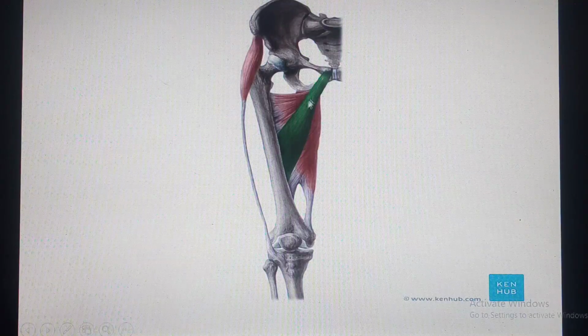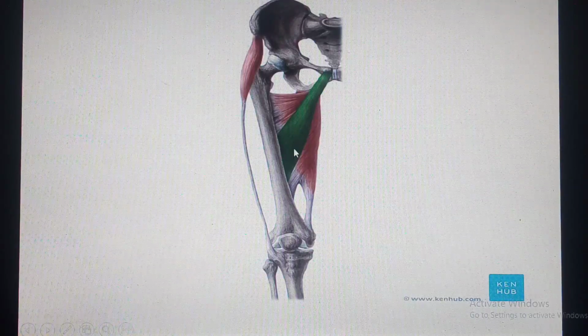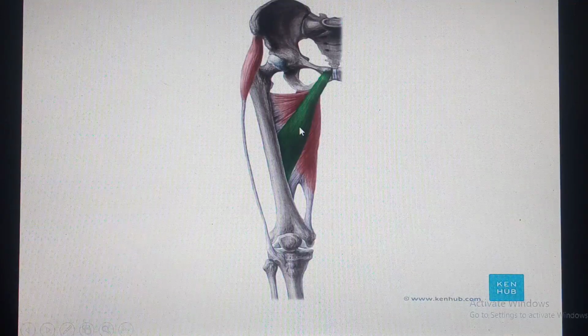Now, if you remember, when you looked at the femoral triangle, you saw that the medial boundary was actually coming from this adductor longus muscle.